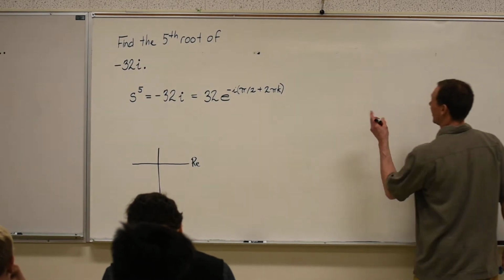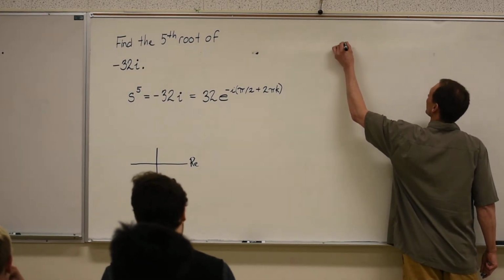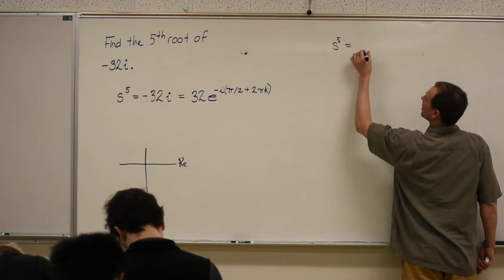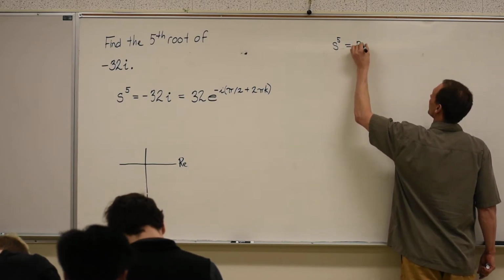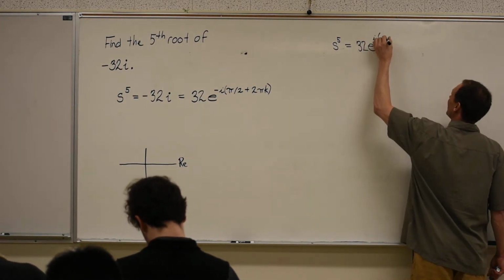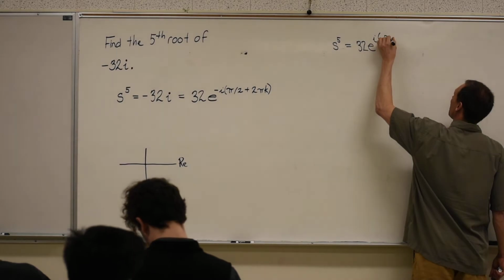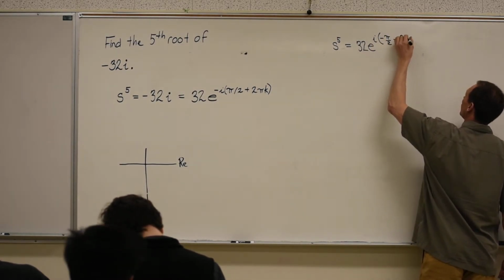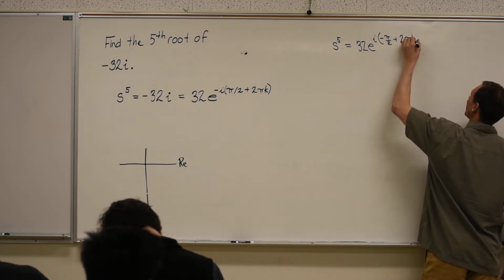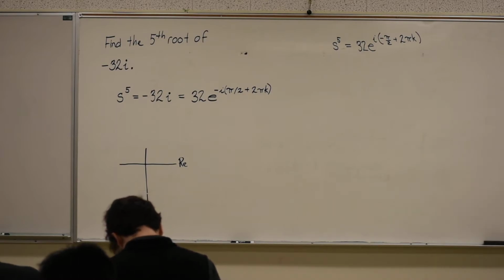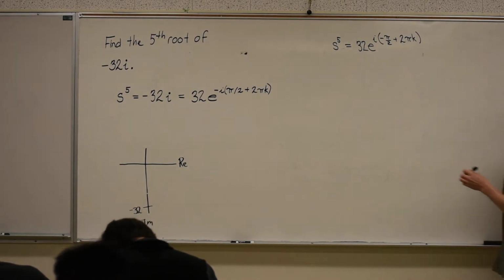So let's take the fifth root of this. The fifth root says if I have s to the fifth is equal to 32 e to the i times minus pi over 2 plus 2 pi times k. Now the rules of exponents behave just like you would hope.